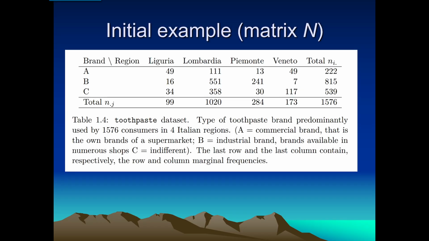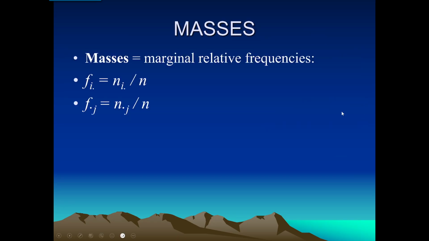Now let me introduce the masses. The masses are how important a particular row is with respect to the total, and how important a particular column is with respect to the total. These are the marginal relative frequencies: the total of row i divided by the overall total, or for column masses, the total of the jth column divided by the overall total.